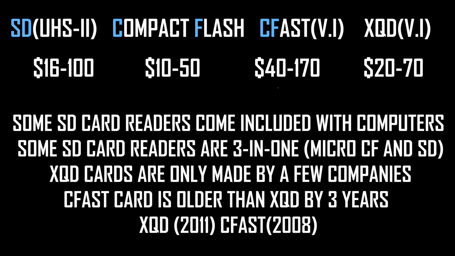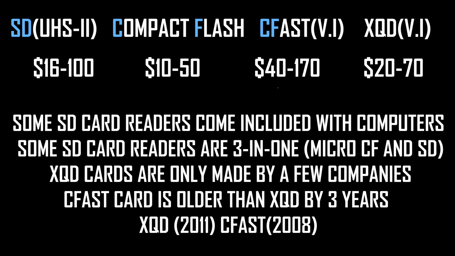But let's move on. If you were to use a CFast card, you would need a CFast card reader. If you were to use an XQD card, you would need an XQD card reader, just like the SD and the CF cards. So you have to understand how much that costs. To my surprise, the readers don't actually cost that much. An SD card reader is $3 to about $50.